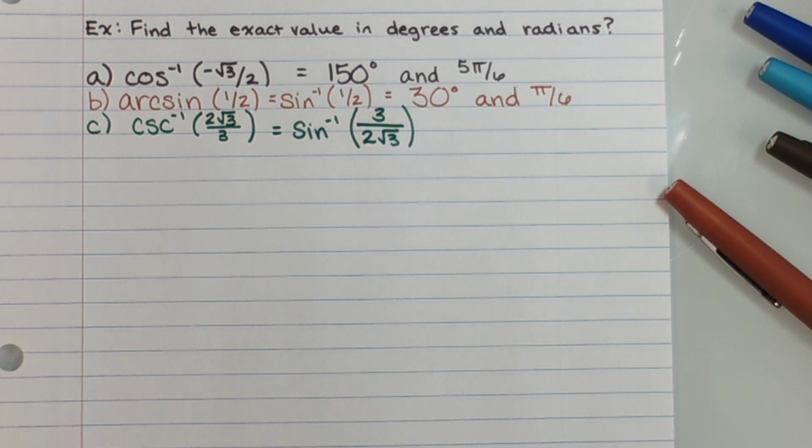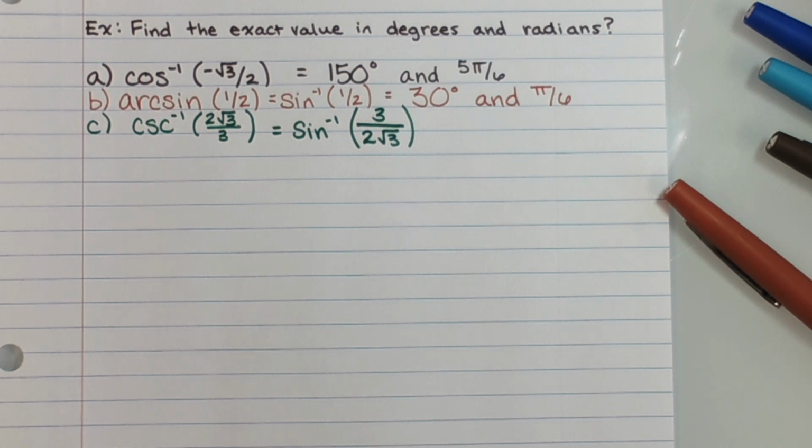If you type this in as sine inverse of 3 divided by 2 square root of 3, your calculator understands PEMDAS literally, which means it will understand 3 divided by 2 times the square root of 3 in the order that PEMDAS goes. Parentheses, exponents, multiply and divide are done together from left to right.